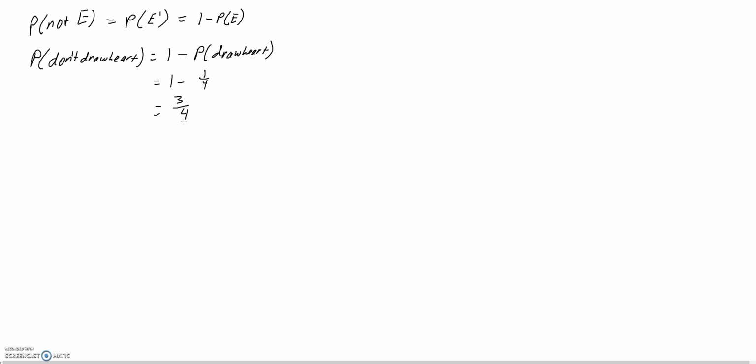Now, this also can be used in ways that seem like they may not apply directly necessarily. So, for example, if you are attempting to determine whether or not something won't happen, or if something happens at least one time, so let me just write this here.